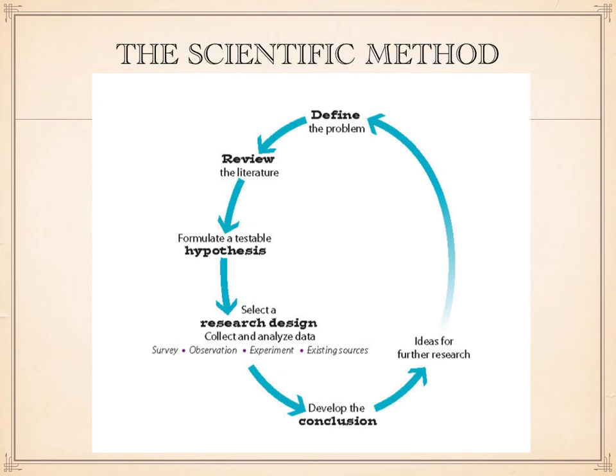You develop your hypothesis, for which you might use theories. Theories will give you some ideas about hypotheses about how the world works. You select your research design. So maybe you'll use a survey, or maybe you'll do observation, maybe you'll do an experiment, maybe you'll use an existing data set, and you'll analyze the data, you'll develop your conclusion, and generally, having done this process will give you ideas for further research.